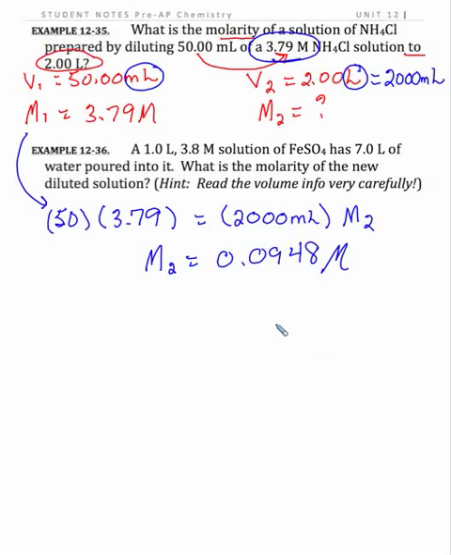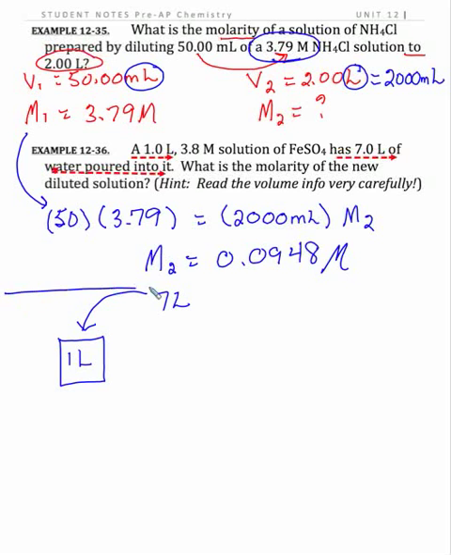Okay? Now, let's take a look at the next one. That was pretty much a straight shot in. But be careful with this next one because we have a liter, and you notice it says that 7 liters was poured into that 1 liter. So I have a liter, and I poured in 7 liters.